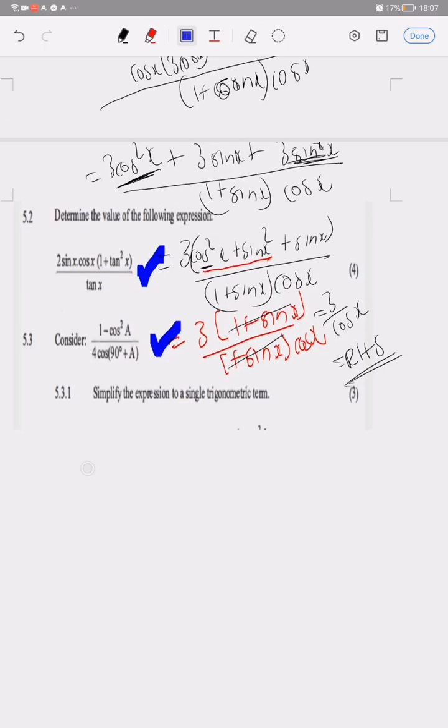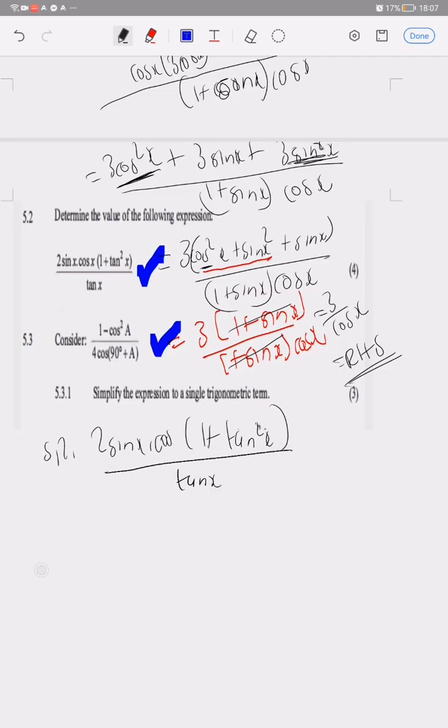Let's see. How can you attempt this one? What's the best method to attempt this one? So we have 5.2. We have 2 sine x cos x 1 plus tan squared x over tan x.